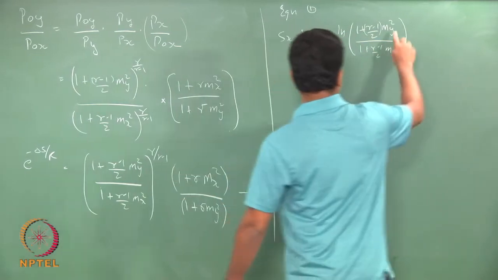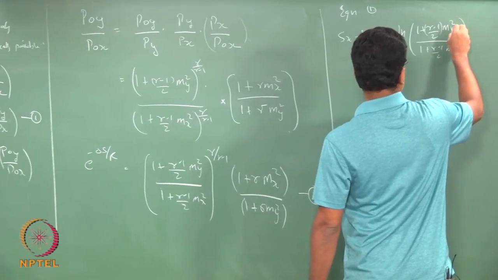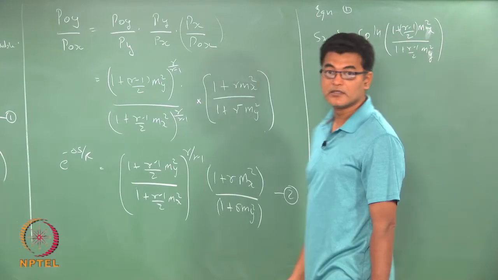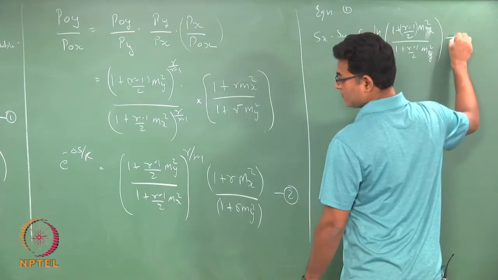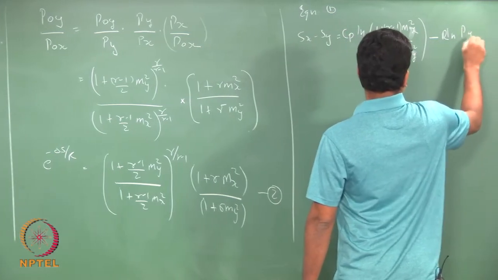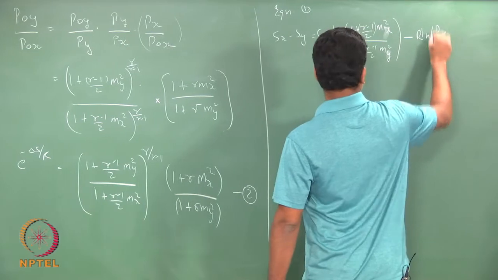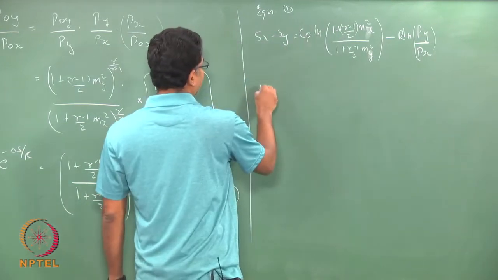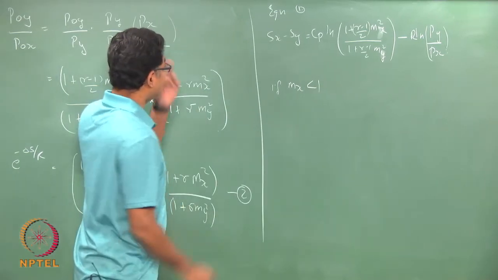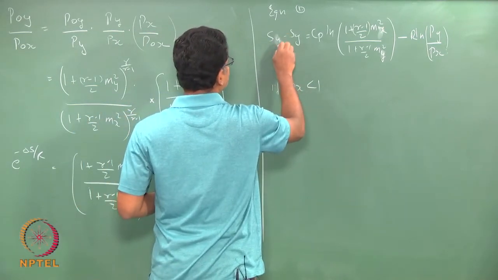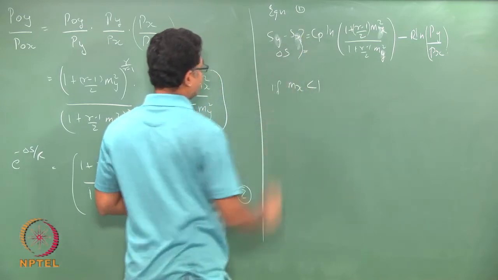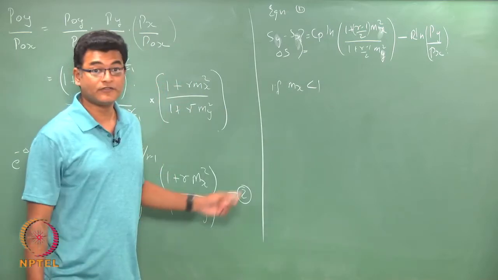So, Ty by Tx would be the inverse, x by y, minus R ln Py by Px. Now, if Mx is less than 1, let us see what happens. This is Sy minus Sx, or simply delta S. Let us evaluate delta S and see its sign.